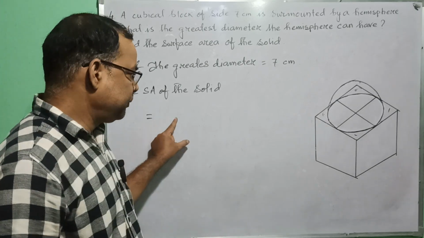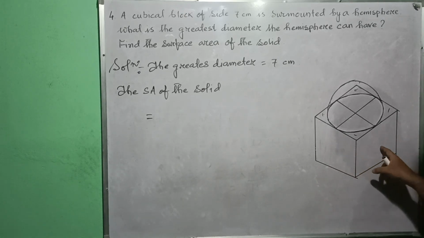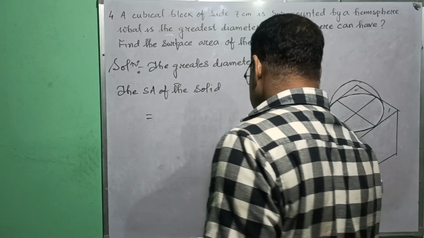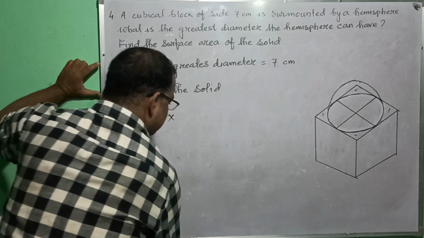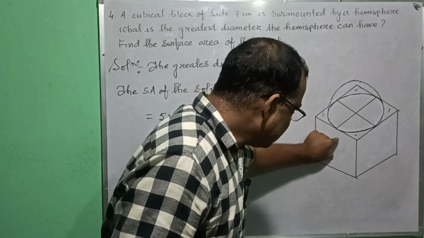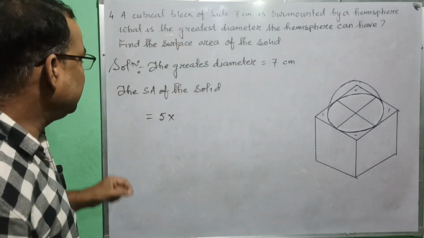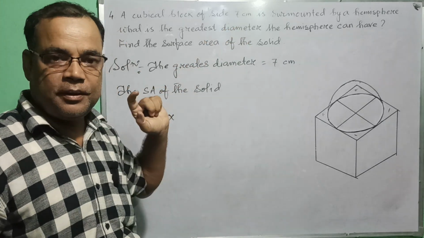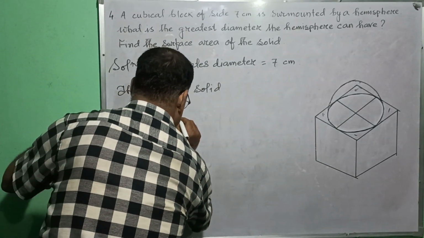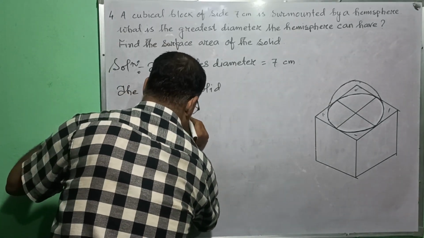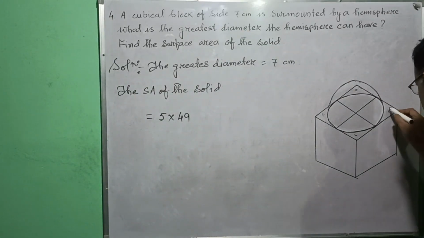So first, the 5 faces, as it is same, there is no involvement, so we can write 5 into the surface area of one face. As the side is given 7 centimeter, one face the area will be 7 into 7, side square, directly 49. So 5 faces finished.